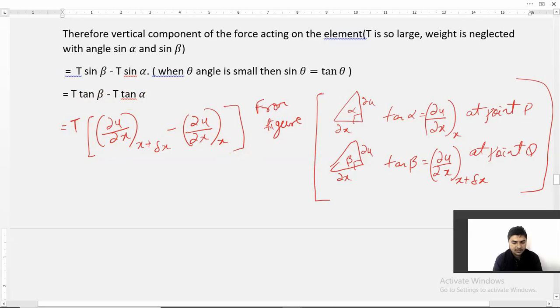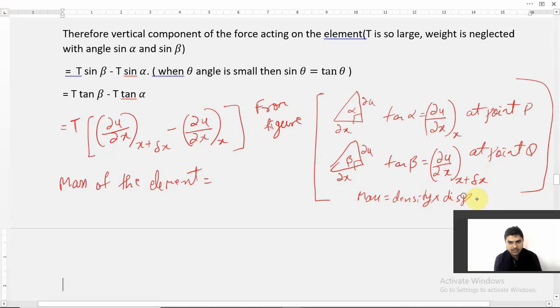Now when we consider the mass of the element, what is the mass of the element here, friends? This mass is nothing but the density of the element into the change in the displacement.